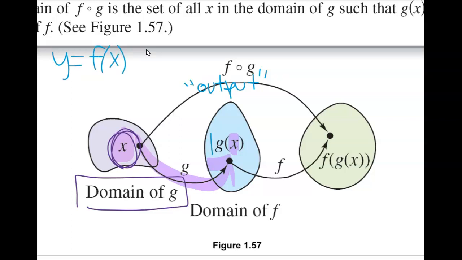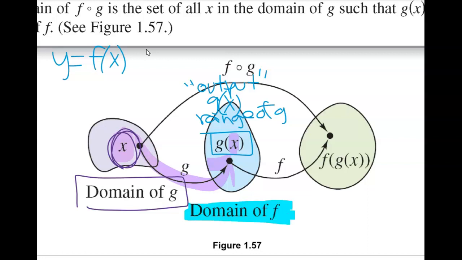So in this case, the function is called g of x. So then we get g of x. And then g of x, it is the range of g, the output, but it also becomes the domain of f.